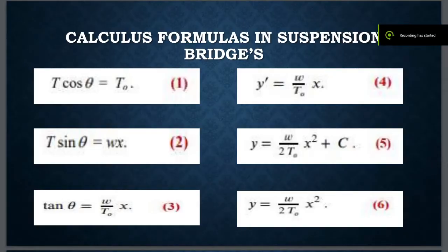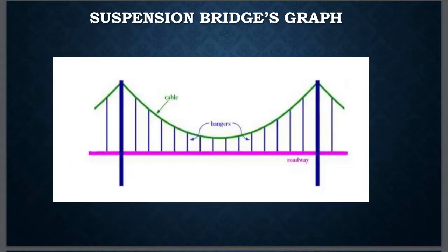Calculus formulas in suspension bridges. Basically, these are the formulas that were used in creating and sketching the suspension bridge in general. We also use these equations to calculate the height, width, and base of the suspension bridge. As you can see here, we have the suspension bridge graph.